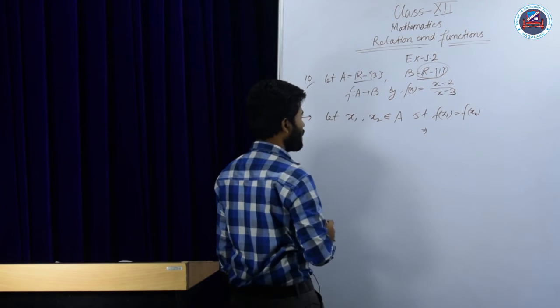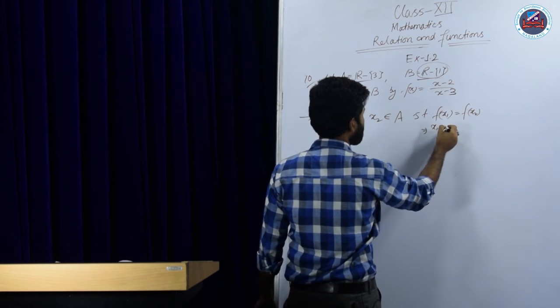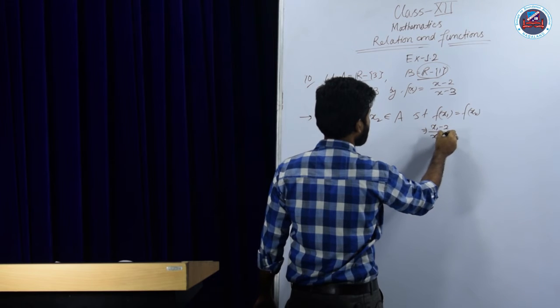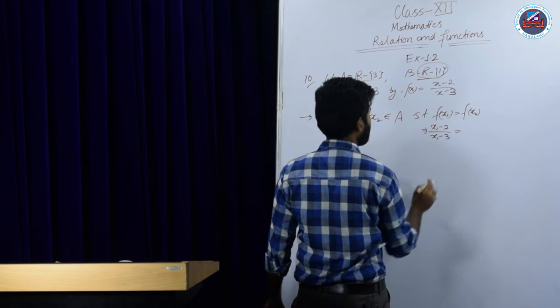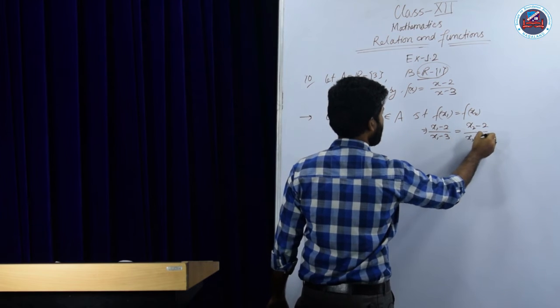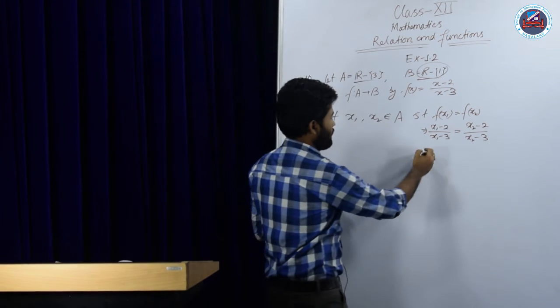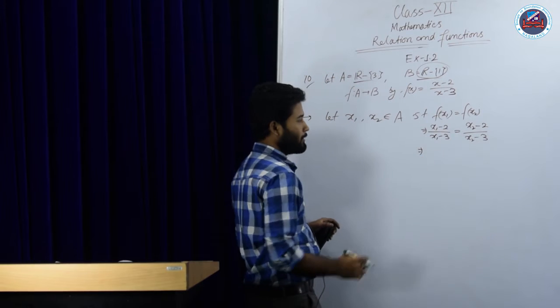Now what is f of x1? Just replace the x1 here. So it will be x1 minus 2 by x1 minus 3. And for f of x2, it will be x2 minus 2 by x2 minus 3. I hope you don't have any confusion here.